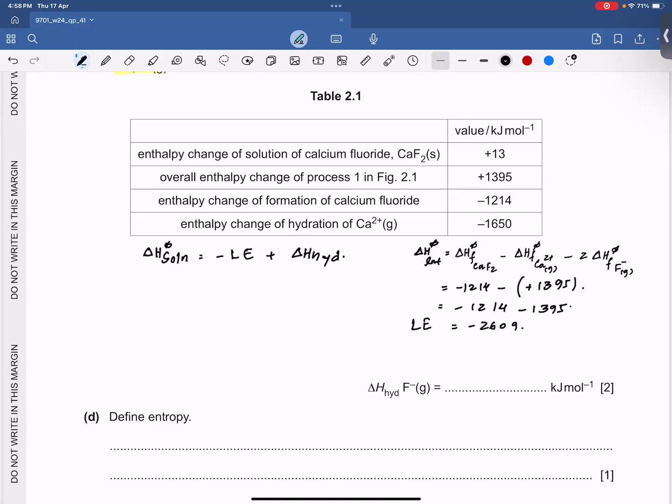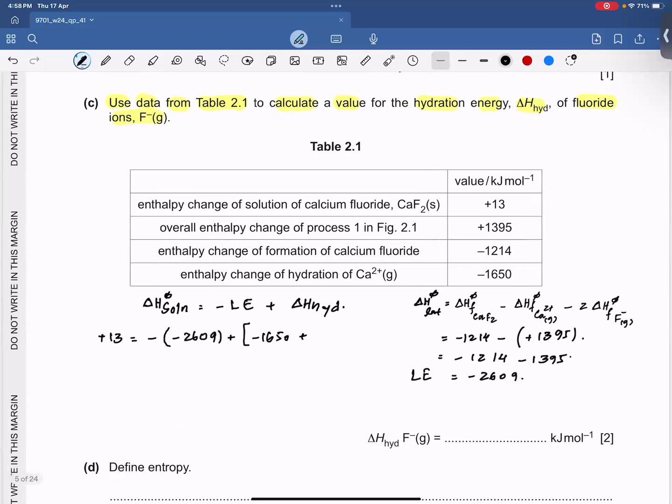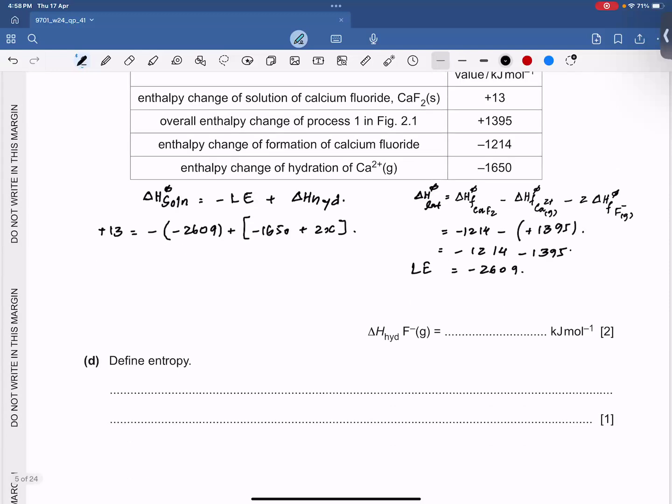Okay, so the solution value is already given in the chart, which is plus 13, minus as it is. Lattice energy is minus 2609, plus hydration of cation is given, which is minus 1650, plus hydration of fluoride ion. We need to find that because that's the question, which means we need to consider it as X. Since we have two fluoride ions in the formula, I'm going to use 2X for fluoride ions.